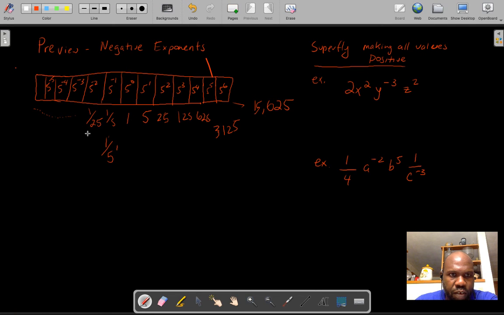Okay, and same thing here, we have 1 over 5 to the second power. So anytime we want to turn a negative exponent into positive, we just put it over 1. Okay, so 1 over whatever the exponent equals is going to be the way it works. Okay, does everybody kind of see that? All right, I think that's pretty easy to do.